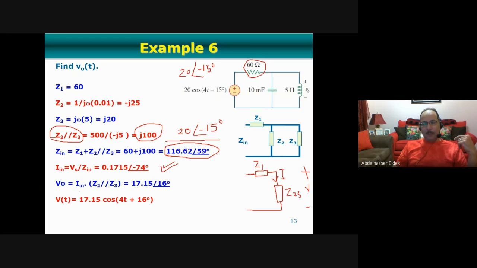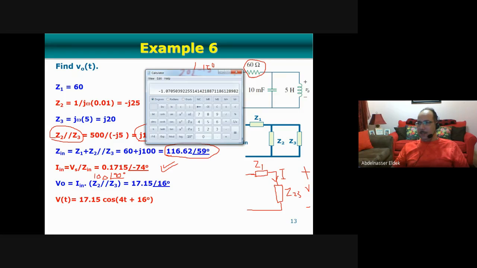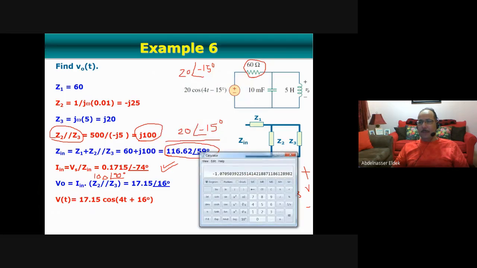If I want to calculate VO, I multiply In times Z23, which is j100, so the amplitude is 100 and the phase is 90 degrees, since j is 90 degrees. 100 times 0.1715 is 17.15, and the angle is negative 74 plus 90 degrees, equal to 16 degrees.